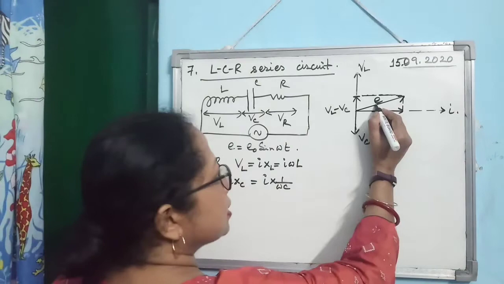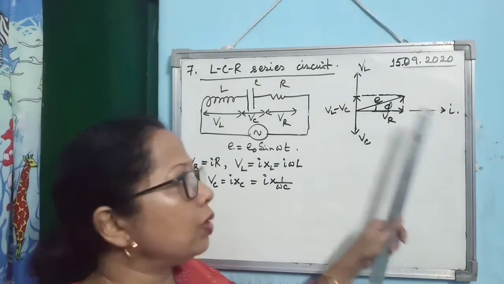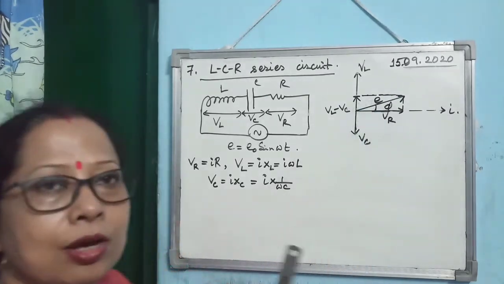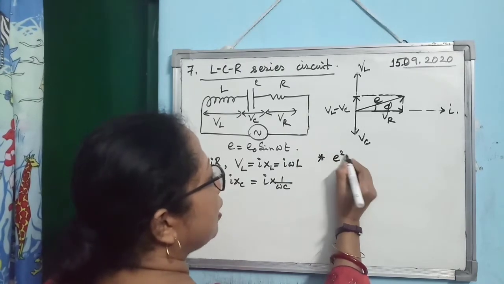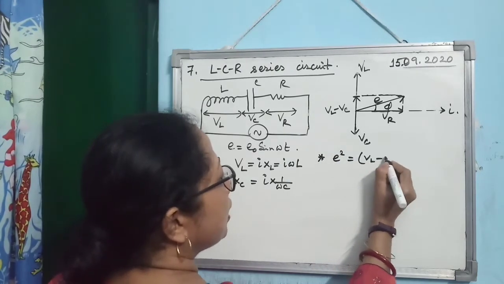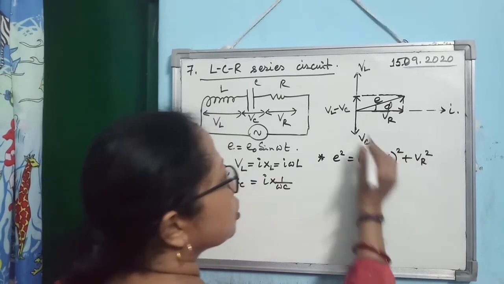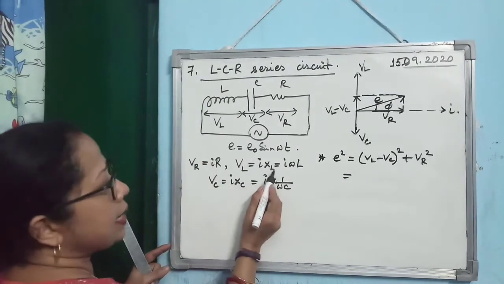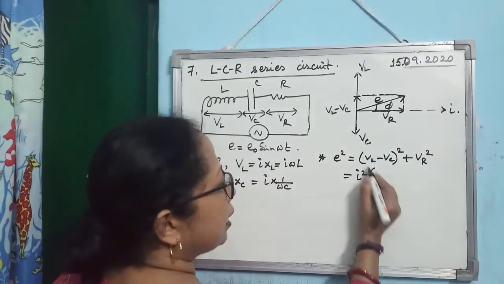Okay, and let us consider this is the phase difference between EMF and I. So here in this case you see E leads I by an angle phi. So in this case what you can write, E square is equal to VL minus VC whole square plus VR square. Look at the diagram. Now VL is I XL, VC is I XC. So you can take I square common and outside.